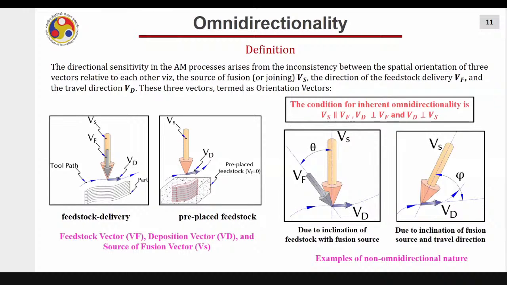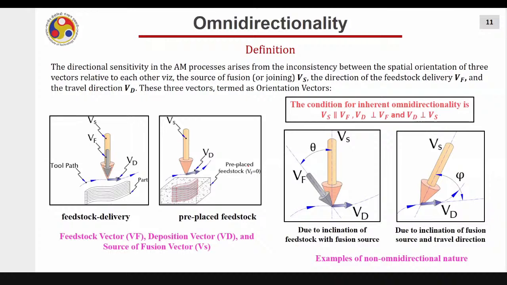The directional sensitivity in additive manufacturing processes basically arises from the inconsistency between the spatial orientation of three vectors relative to each other. Those three vectors are namely the source of fusion, Vs, like arc, laser, electron beam, whatever, and the direction it is coming from.